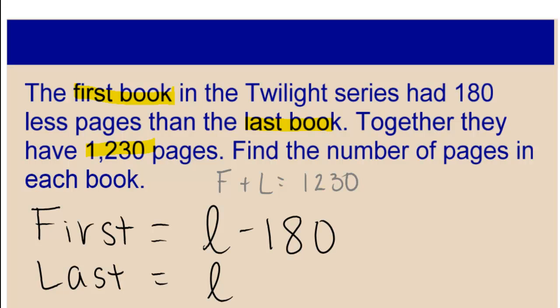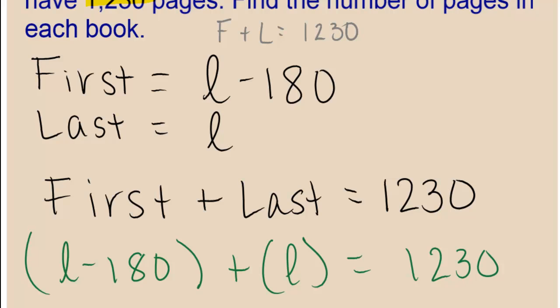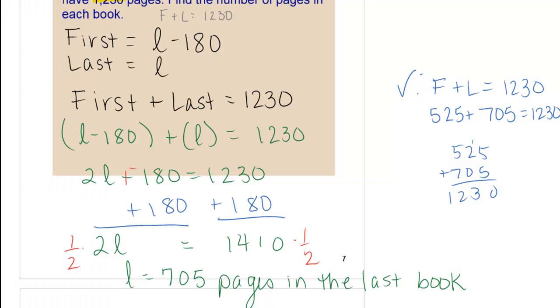I'm using L, and our first book would be the last minus 180. And we're going to substitute those two into F plus L equals 1,230. When we do, we get L minus 180 plus L equals 1,230. So go ahead and finish this problem and then check back and see how you did. Make sure you complete a check step.